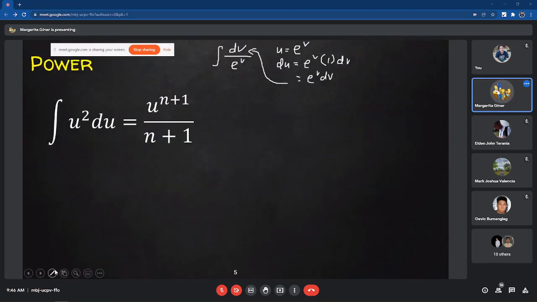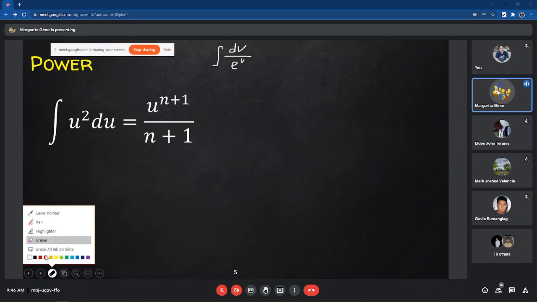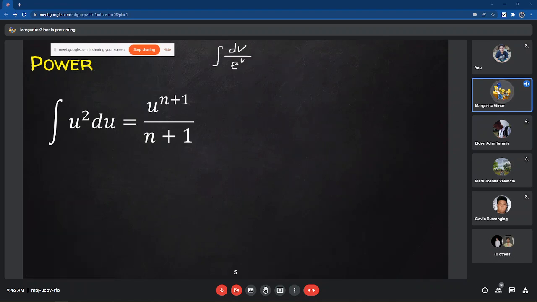You cannot use the ln or logarithmic function. Okay? Now, let's try to use the power rule. If we're going to use the power rule, we transpose this to the numerator.